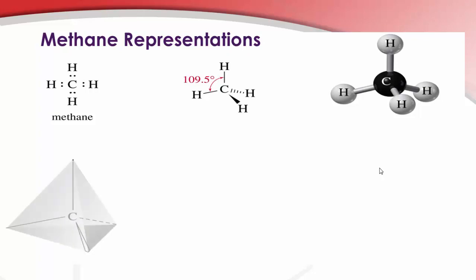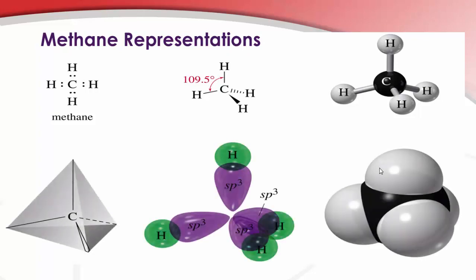And we have various representations of methane, all of which have been observed, which are inconsistent with that model of having two unpaired electrons in the px and py locations and an empty slot for two more electrons in the pz.